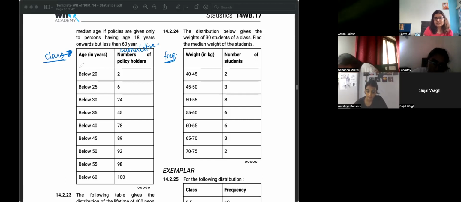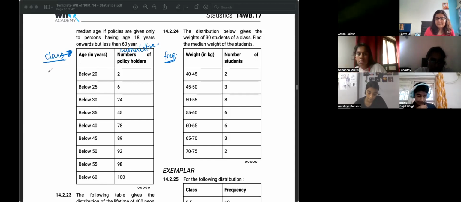Look at the class first. So looking at these numbers, can you figure out what the class intervals will be? Ma'am, 5. हाँ, intervals of 5. So first one क्या होगा? If it is below 15 to 20. Shouldn't it be 18 to 20?